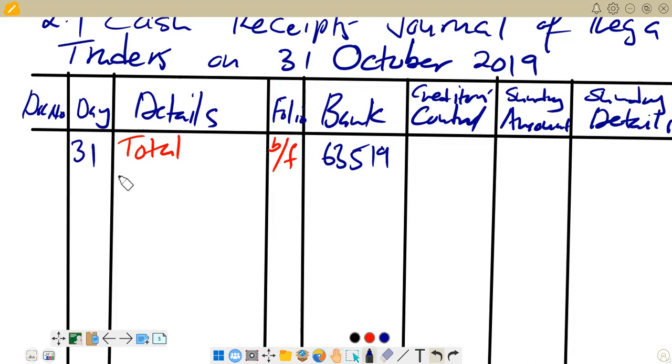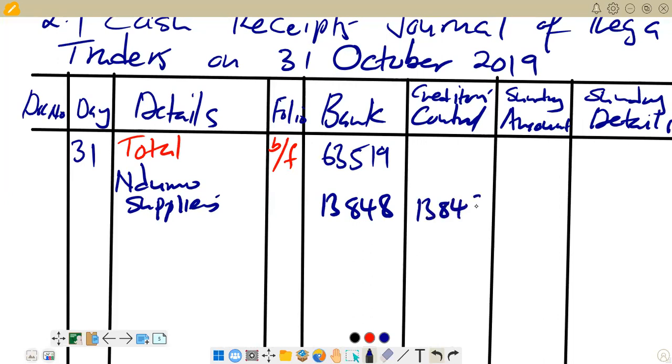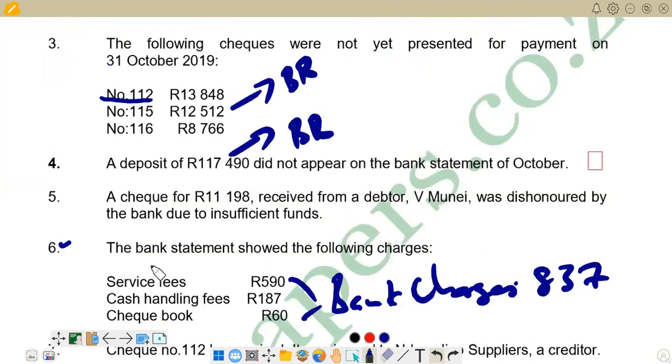So here the description is Dumo Suppliers, and the amount is 13,848. This is a creditor, so we are going to put it under creditors.